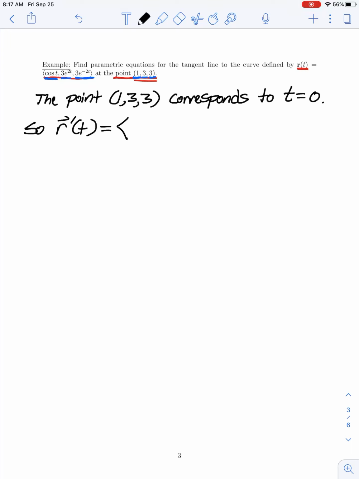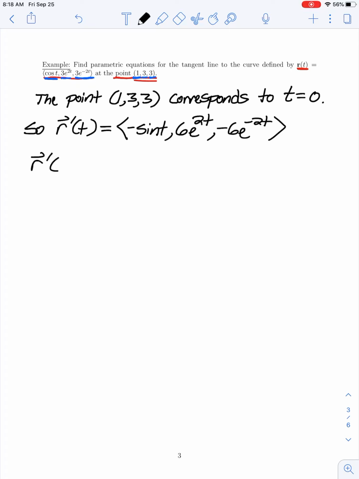So the derivative of our first component function, cosine t, would be negative sine of t. The derivative of our second component using the chain rule is 6e to the 2t. And the derivative of our third component using the chain rule would be negative 6e to the negative 2t. And we're interested in this tangent vector at the particular point corresponding to t equals 0.